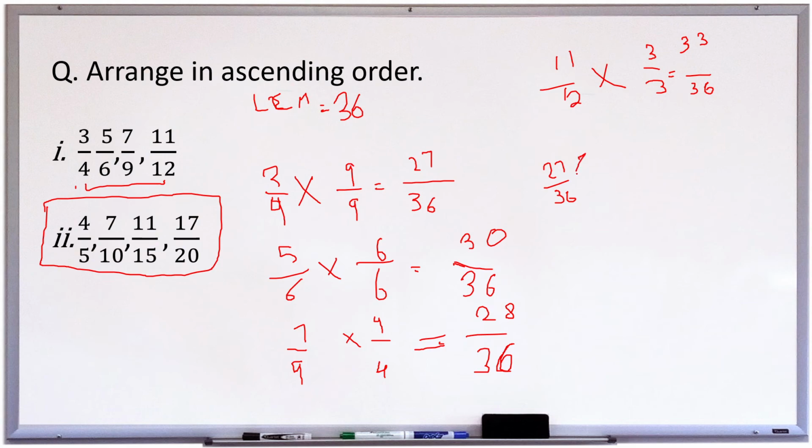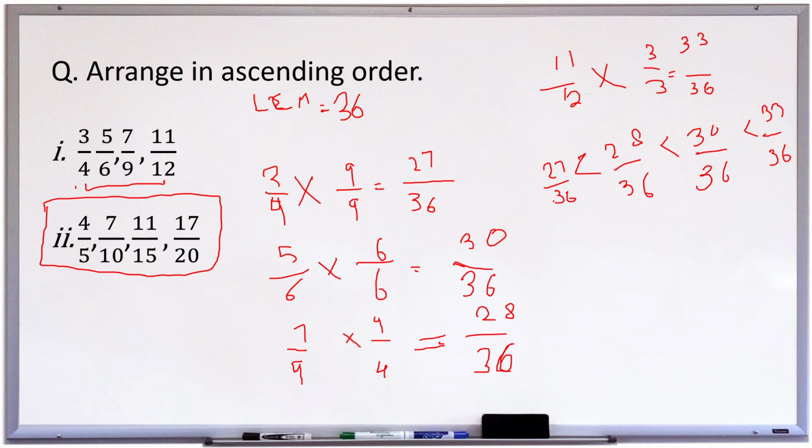That is 28 upon 36. Next one is 30 upon 36. And lastly, 33 upon 36. 33 upon 36 is the greatest among these all.